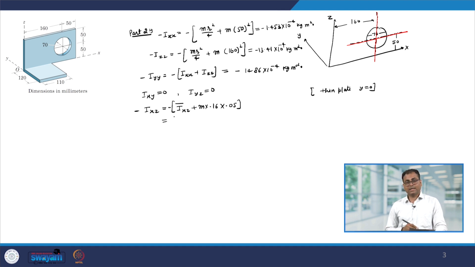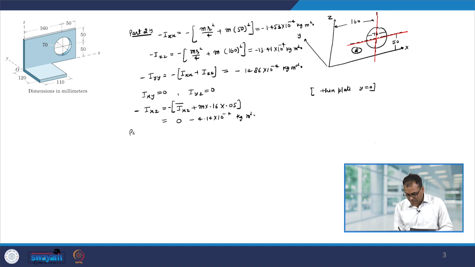Now I bar xz will be equal to 0 because this disk is symmetrical about the axis marked by the red. So therefore this is equal to 0. Then we have minus, m is known here. So that comes out to be 4.14 into 10 to the power minus 4 kg meter square.